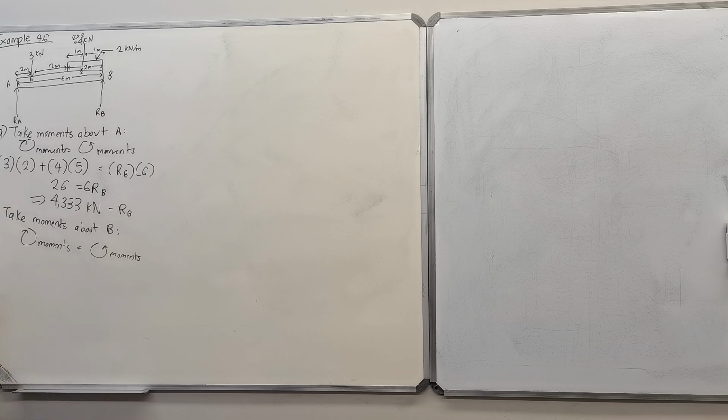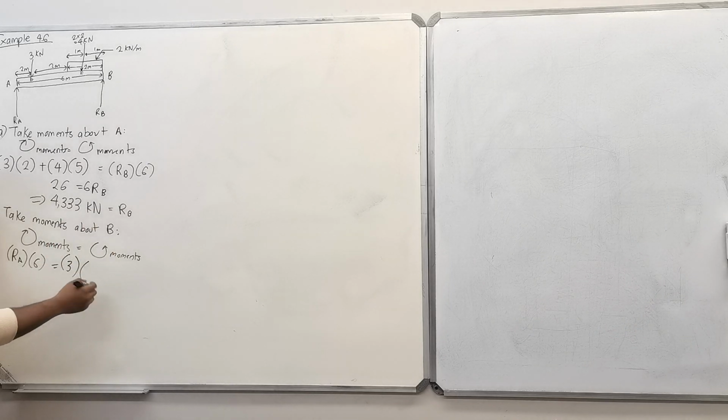So RA is how far away from B? 6 meters. And because RB acts at point B, its distance is 0, so that term will cancel off, right? Now if up caused a clockwise motion, down would cause an anti-clockwise motion. So your first force, which is your 3 kilonewtons, is how far away from B? 4.